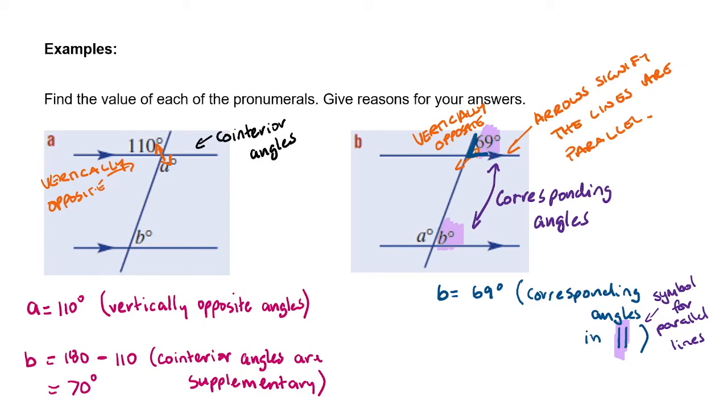Now to do A, look what we've got again. We've got supplementary angles happening just on their own. So A is going to be equal to 180 minus 69. In this case, we're going to have 101 as our answer, and our reason is just supplementary angles.